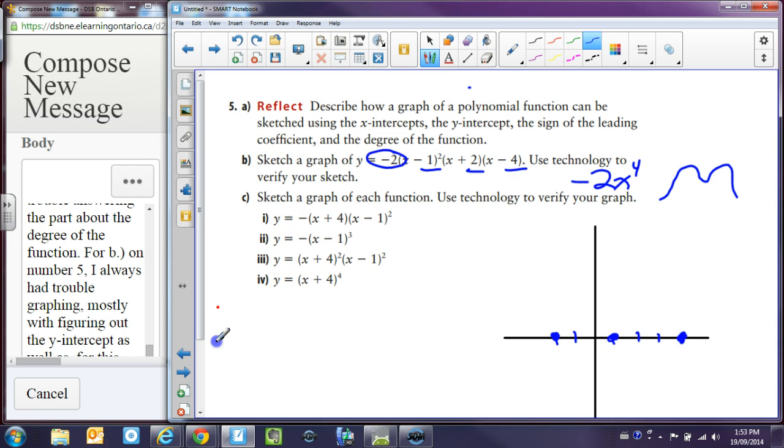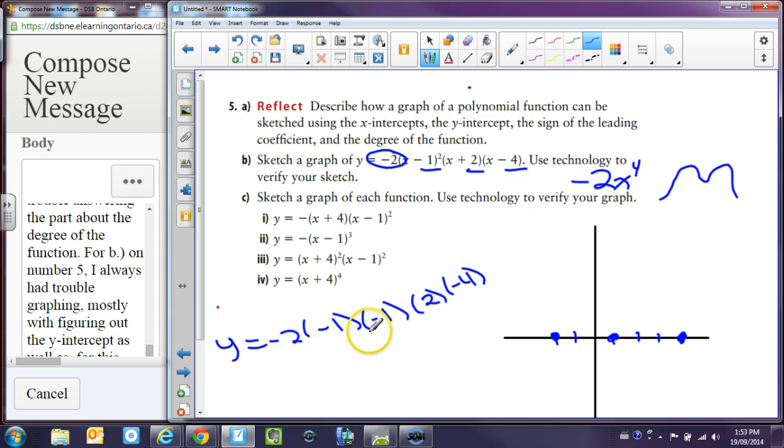So the y-intercept will be the negative 2 up front times the negative 1 from the first bracket. But because it's squared, there are two of those sets of brackets. So it's times another negative 1 times the positive 2 here times the negative 4 here. And so that's what?